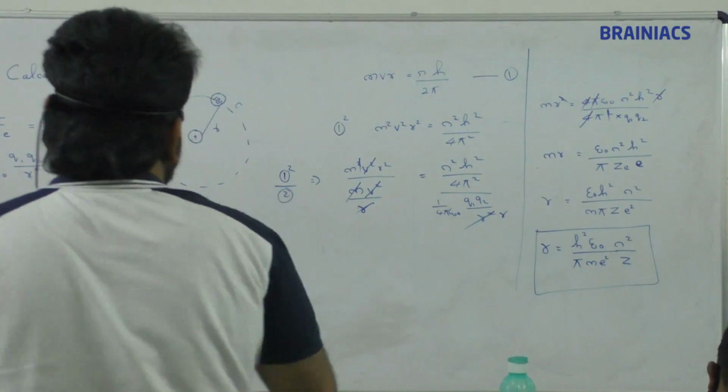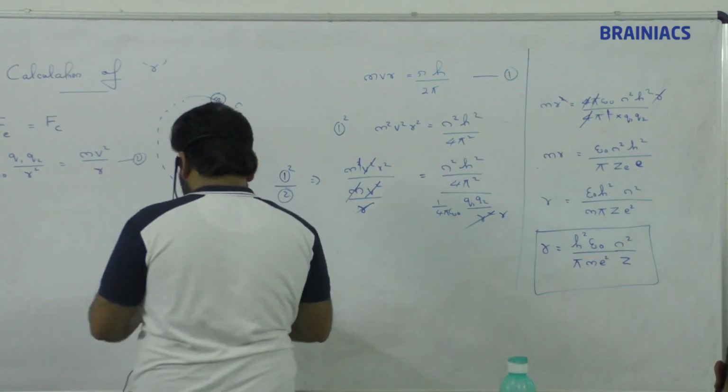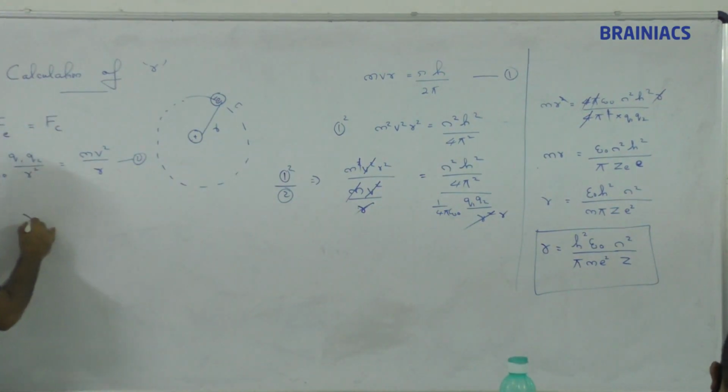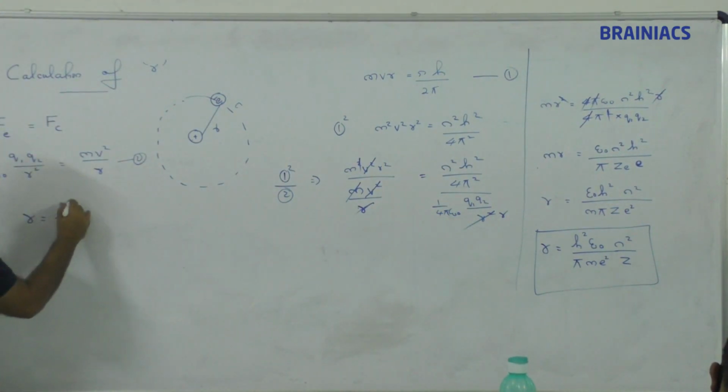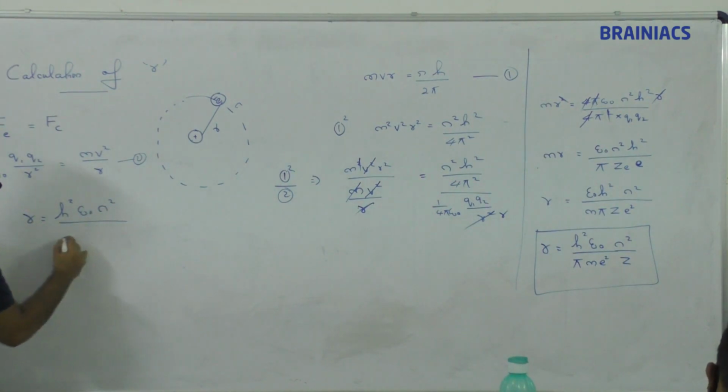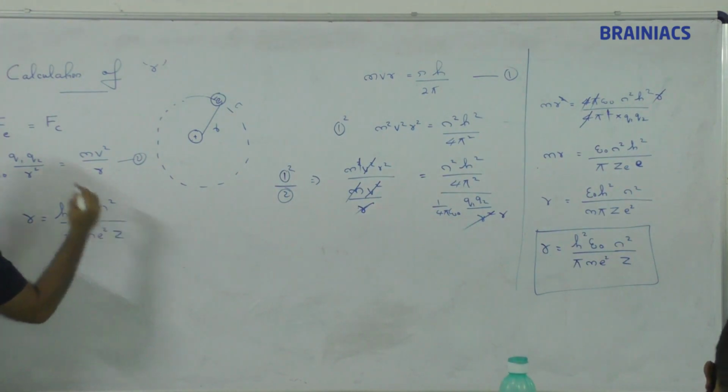In this h is constant, so r is equal to h square epsilon naught n square divided by pi m e square z.